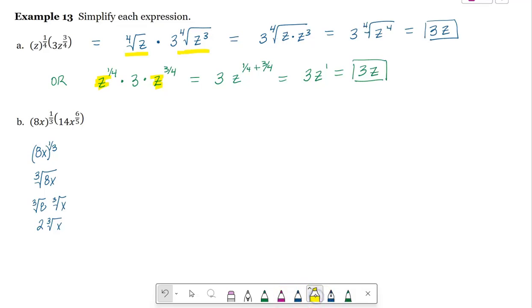Let's combine together what I've got. I'm going to take this and combine it with this. I've got 2 times the cube root of x times 14 times x to the 6th power and then a 5th root here. I'm going to multiply the 2 and the 14 together to give us 28.